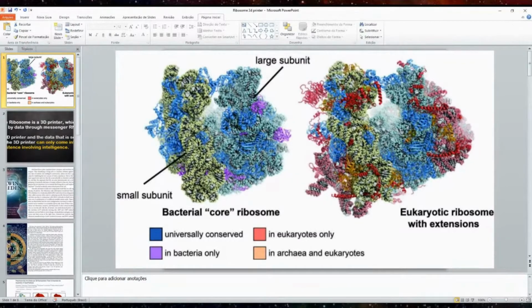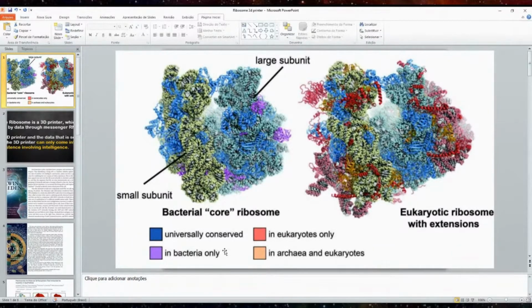That is the ribosome. We have here the bacterial and the eukaryotic ribosome. I found this paper today, Sal, and it is pretty interesting because you see here in red that these proteins are only in eukaryotic cells.